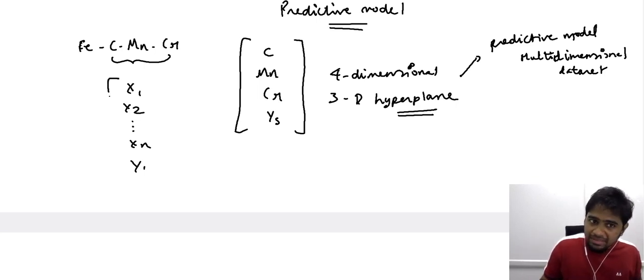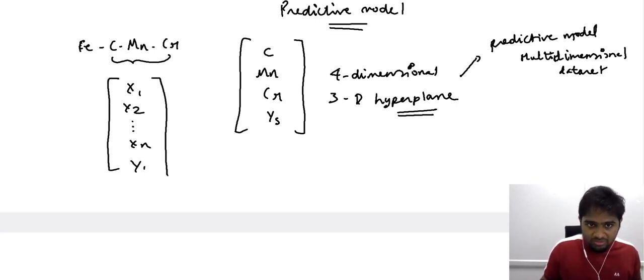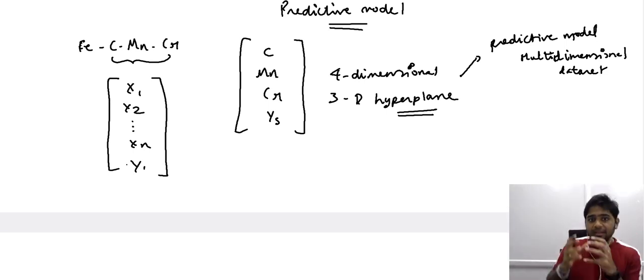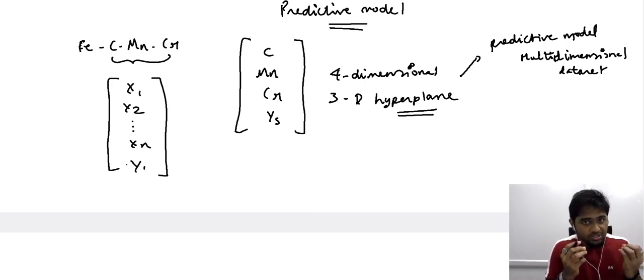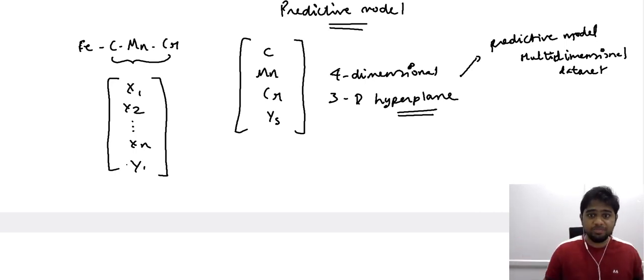So we have the concentration represented here, and we have the relevant property associated with it. Irrespective of the number of concentrations involved, since we have handled the concentration and the property in such a way that it is possible to represent them in a multi-dimensional space, it becomes possible for us to fit a hyperplane through it.